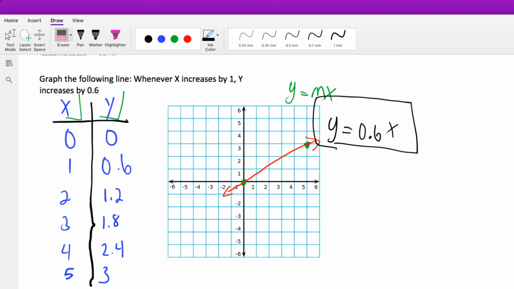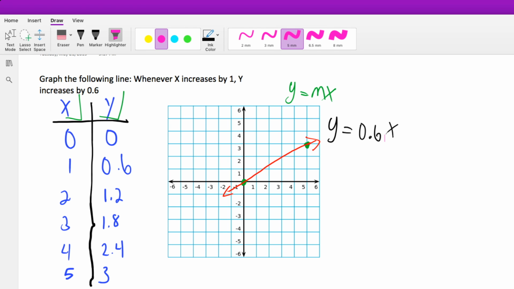That's basically it. And I know I said I was going to show you one more thing. Oh, that's right. What does this equation mean, basically? In case you aren't completely sure, it means once I have found what my slope is, 0.6, whenever I plug in an x value, it should give me its corresponding y value.